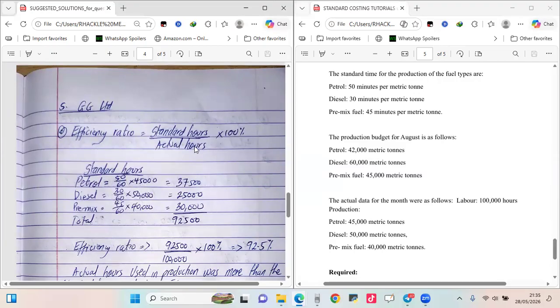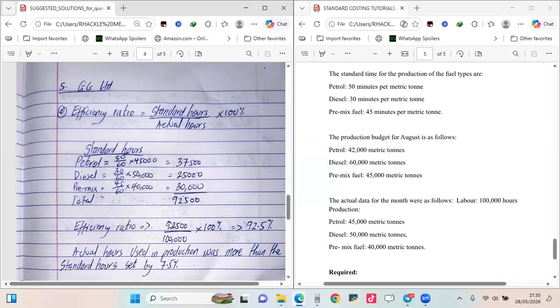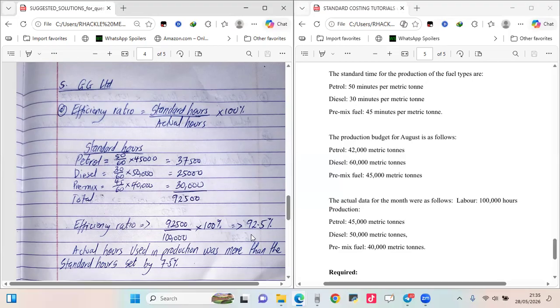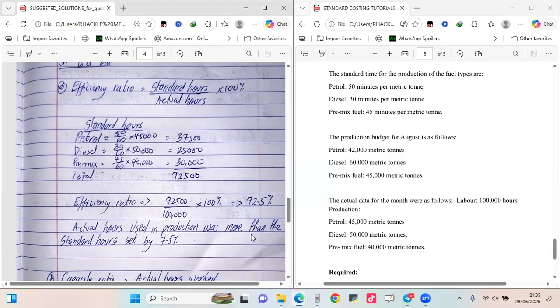Now, actual hours is already given here to be 100,000 hours. So we just follow the formula. Standard hours, 92,500, over 100,000 hours, multiplied by 100%, and we get 92.5%. This is trying to say that the actual hours we used in production were more than the standard hours, by 7.5%.